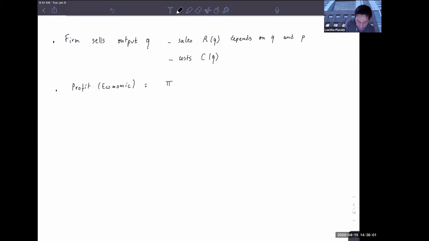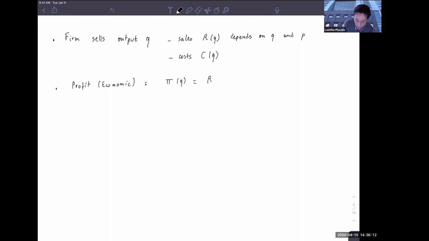We usually call it pi, and this depends on the level of output Q. The economic profit is the difference between total revenue, which depends on Q, and total cost. Really, the purpose of the firm is to make that difference the greatest possible.